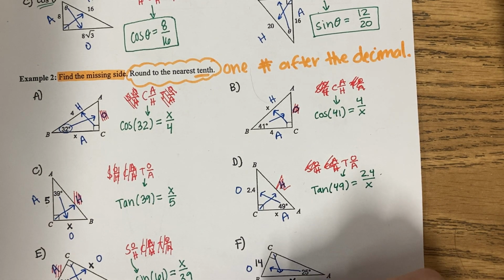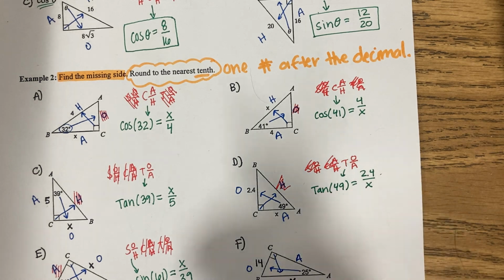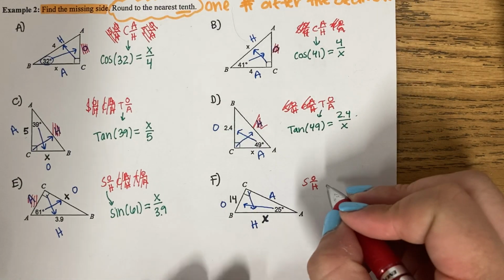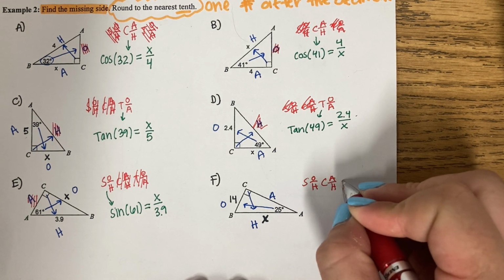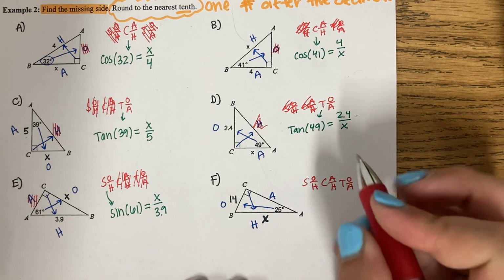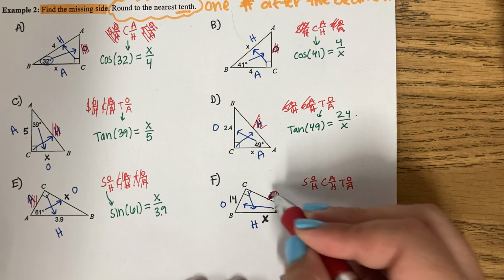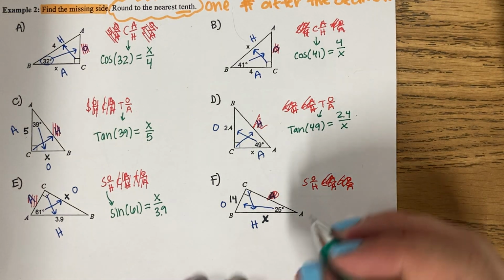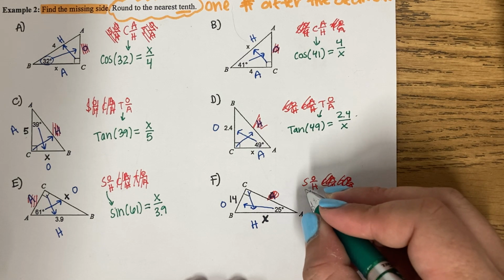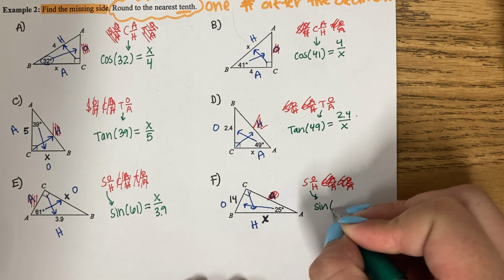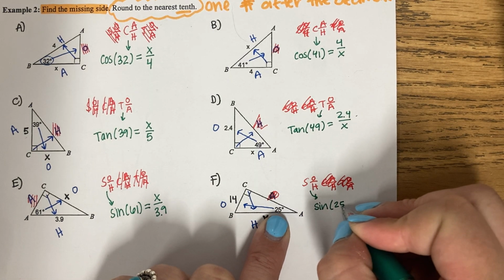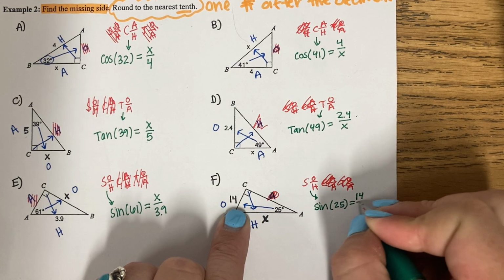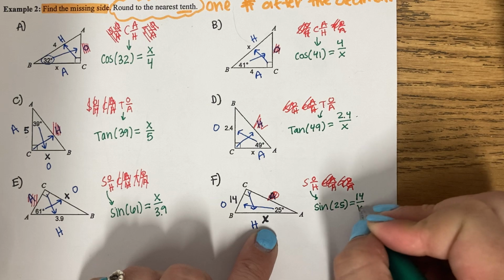O, H, A. So, SOH CAH TOA, and A is missing, so can't use anything with an A. Our trig function is starting with an S, which is sine of our angle equal to the O side over the H side.